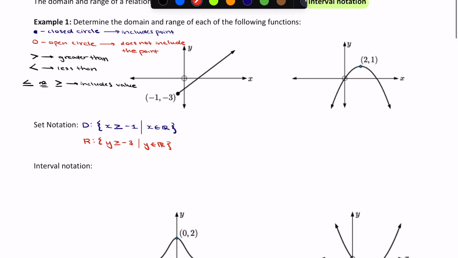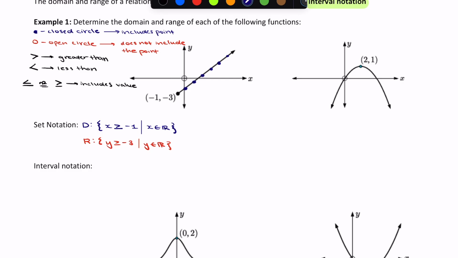So again, it's not always going to be an element of real numbers. Let's just say that it's a scatter plot, for example. It wouldn't be an element of real numbers because there would be dots. So let's say instead of this being a line here, there's just dots here that it increases by, and they weren't connected to each other.